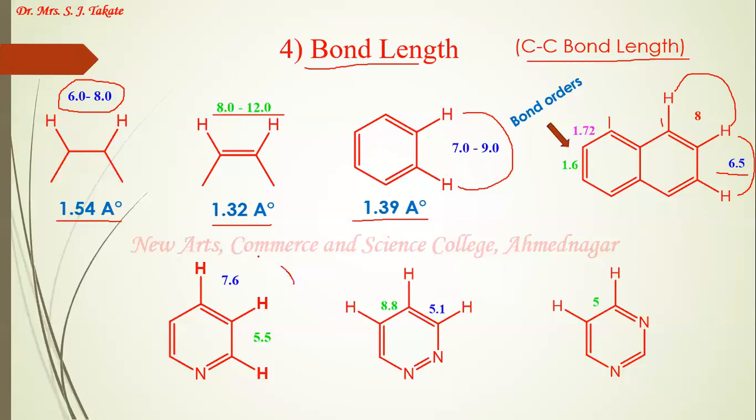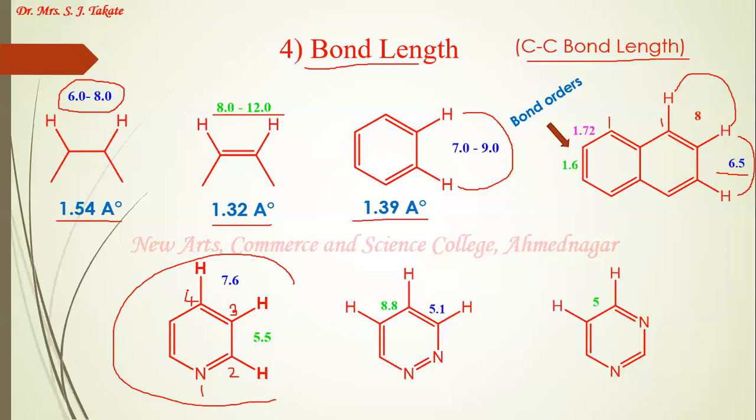Let us see this example of the pyridine molecule, where again the 2,3 bond and 3,4 bond do not have the same bond lengths. We know that the 2,3 bond in pyridine has more single bond character, while the 3,4 bond has more double bond character. Remember the concept of partial bond fixation.